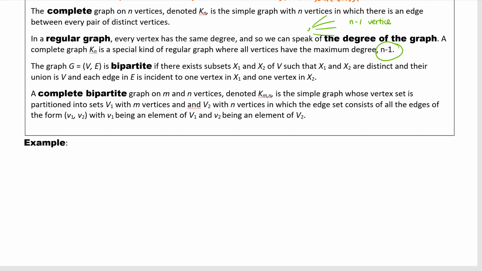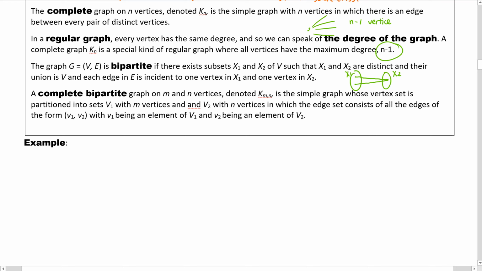So bipartite means we have two sets, X1 and X2, with some vertices in them, and each edge connects a vertex in X1 to a vertex in X2. This is bipartite.